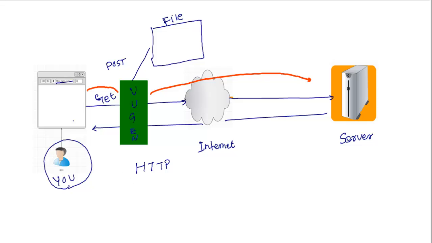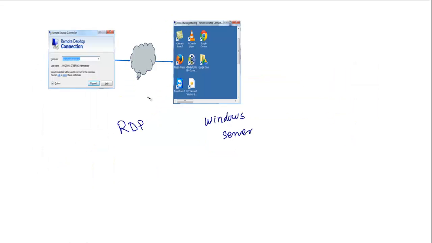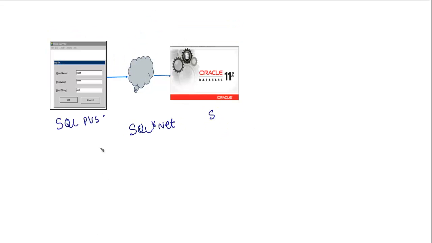In this specific case, the Virtual User Generator is listening to HTTP traffic and writing to a file, and this file is also known as a script. Similarly, the Virtual User Generator can listen to the RDP protocol between the remote desktop client and the Windows server and write to a script. Similarly, it can listen to SQL*Net traffic between SQL*Plus and the Oracle database and write those to a script.